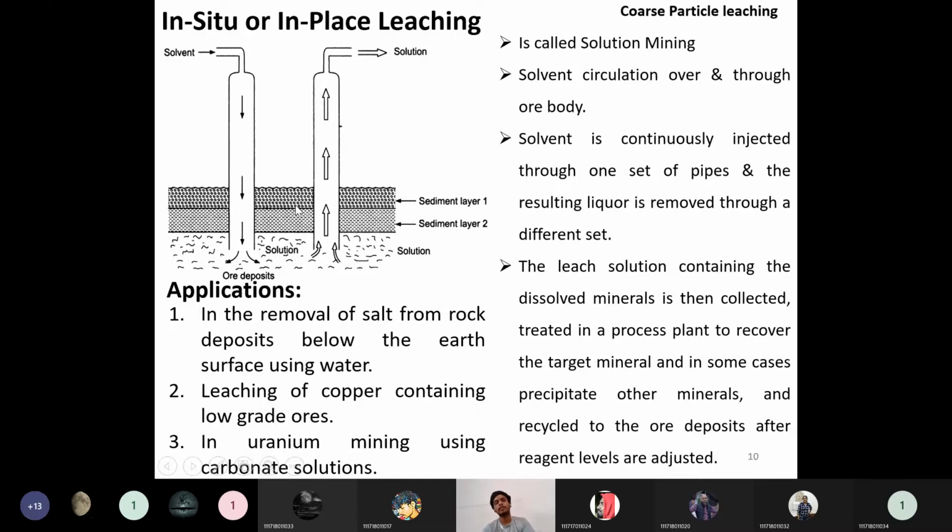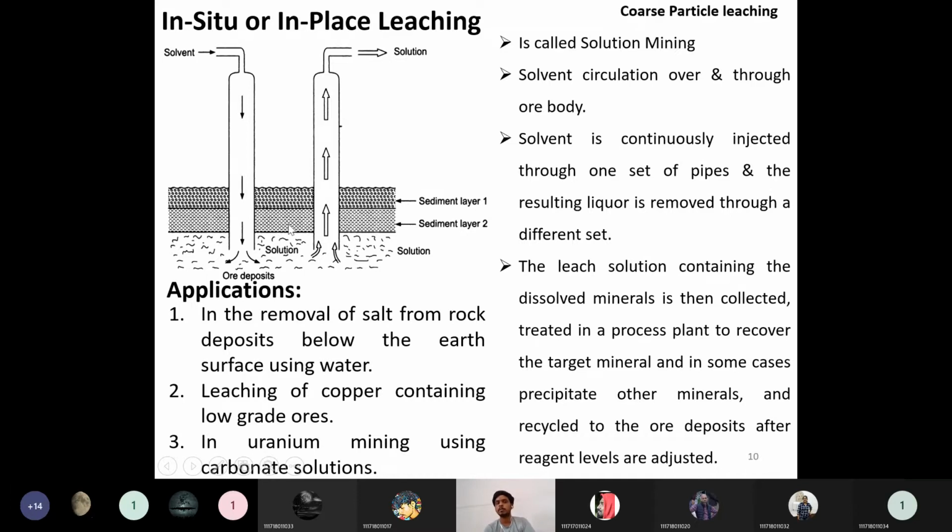The gold inside is dissolved by the cyanide solution. So the solution is nothing but, for example in the gold operation, cyanide solution plus the gold coming out from the ore.